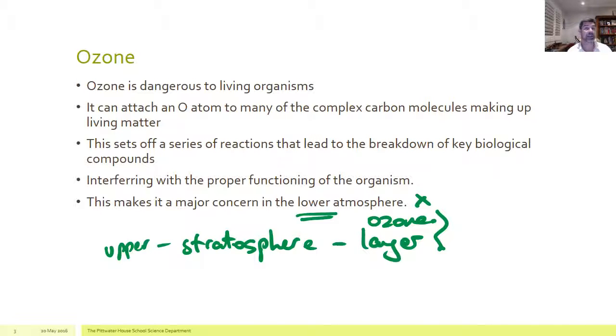The problem is that free oxygen atom that can be lost can then attach itself to different carbon molecules that are the key components of all living things. And what that can do is set off a series of reactions that can not only break down important compounds, but actually interfere with the functioning of the organism. And so this is a bit of a problem.